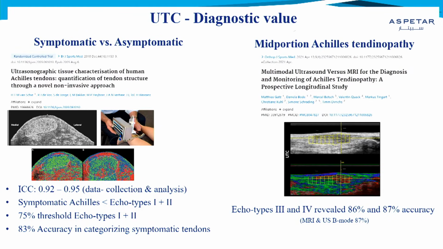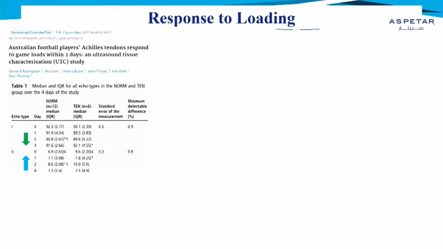Then they also observed that when compared with MRI, ultrasound and Doppler, the presence of echotypes 3 and 4 on UTC revealed high accuracy in determining mid-tendon Achilles pathology. So it is a good system for diagnosis. Then quite a few interesting studies came up to observe the tendon response to load after exercising.